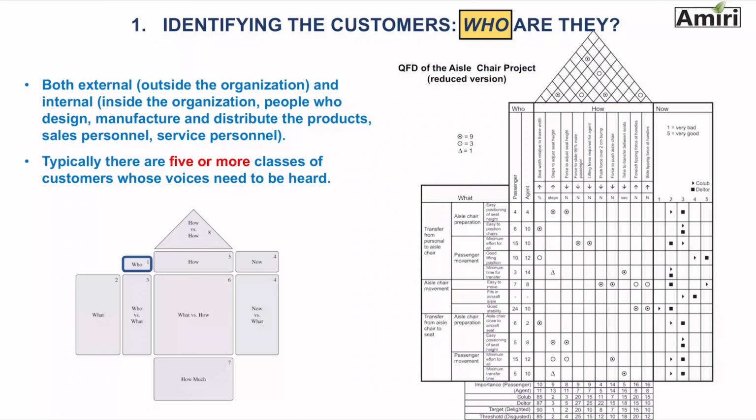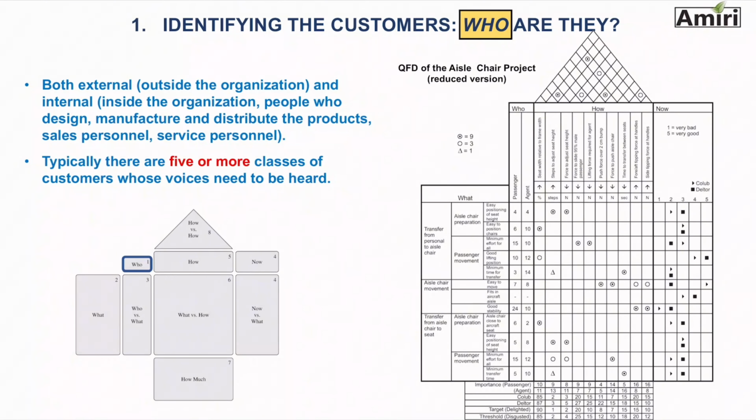All the people that encounter you, from the beginning of the project all the way to retirement, are called customers. For any product, there are usually 5 or more classes of customers whose voice and requirements you have to consider in product development.